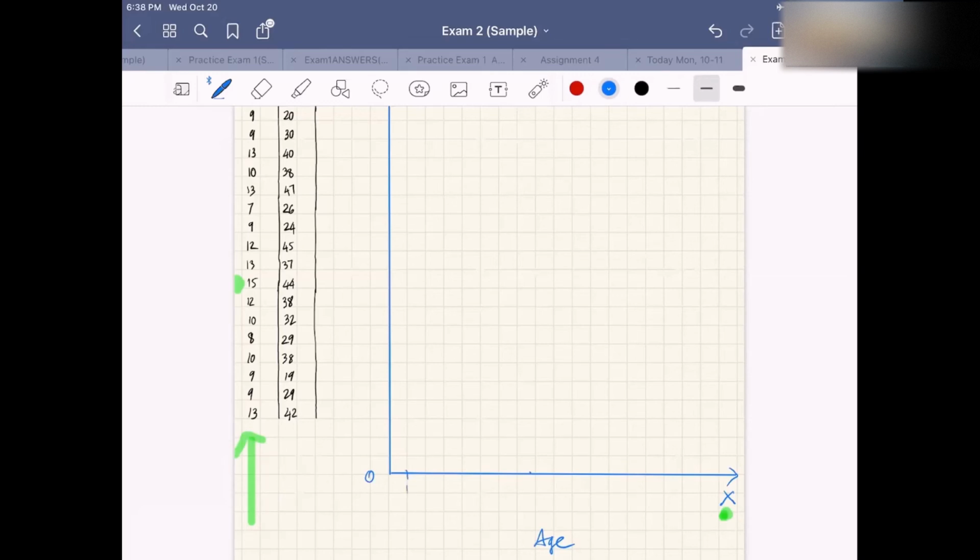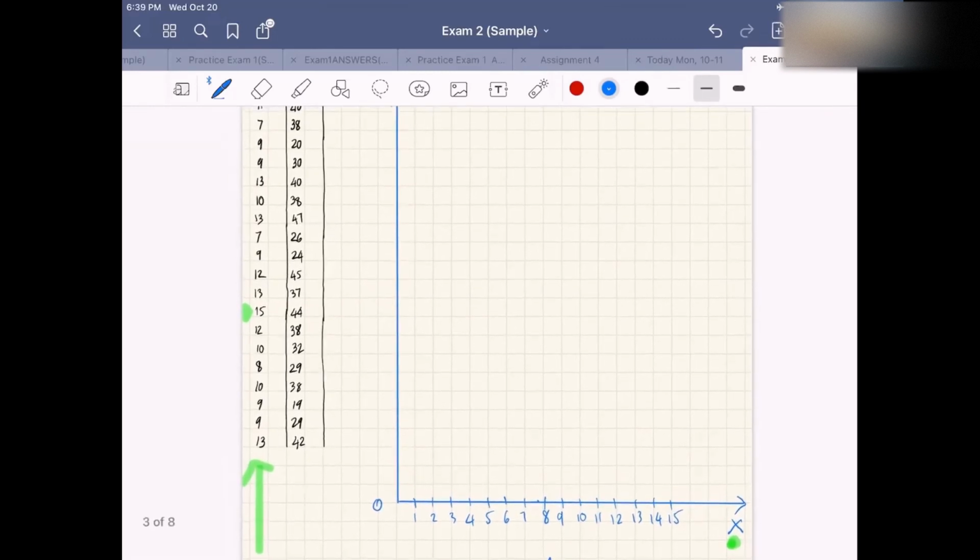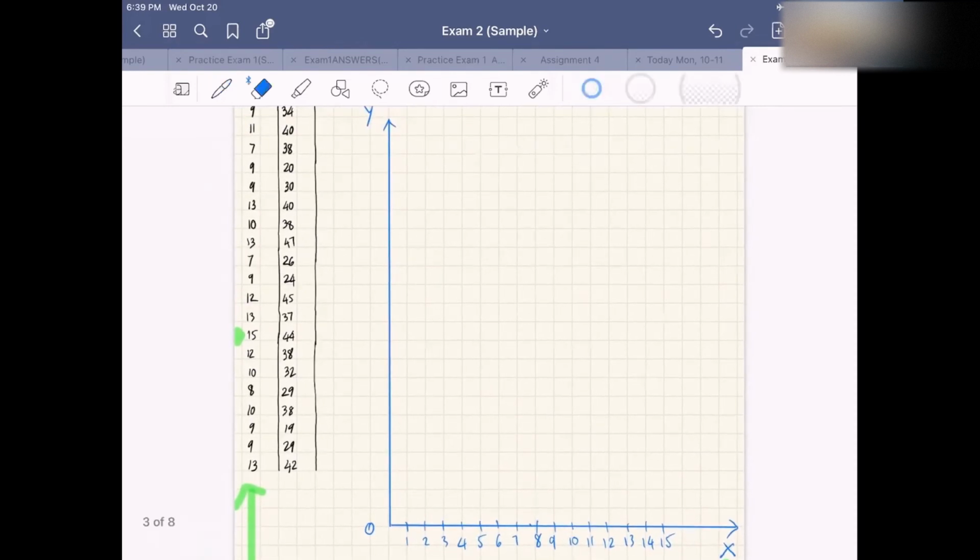So 1, 2, 3, 4, 5, 6, 7, 8, 9, 10, 11, 12, 13, 14, 15, right? And yeah, so you just want to go up to 15, or you can go up more if you want to, okay? All right, so that's how you organize the x variable, okay? Now let's move on to the y.